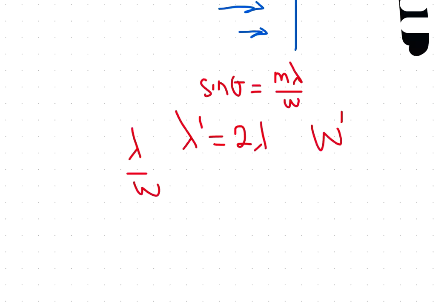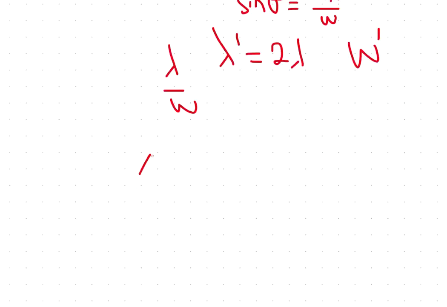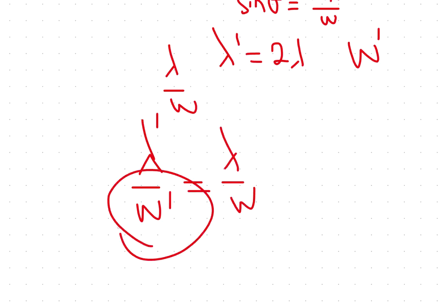So that would mean 2 lambda over the new W is equal to lambda over W. And so if you look at both sides, to keep these two fractions equal, the new W must be equal to 2W.